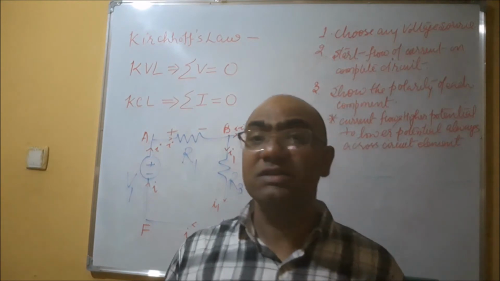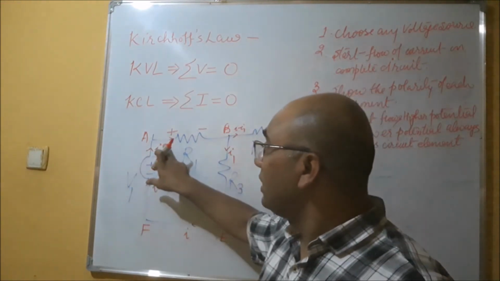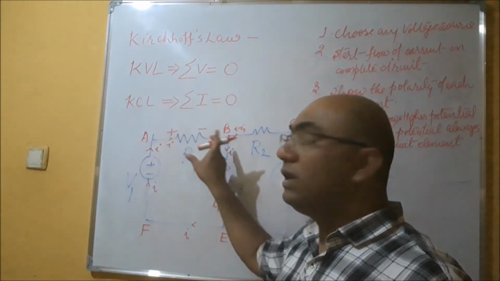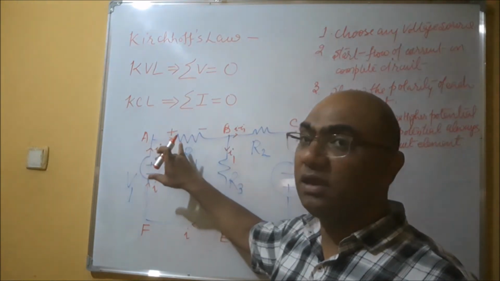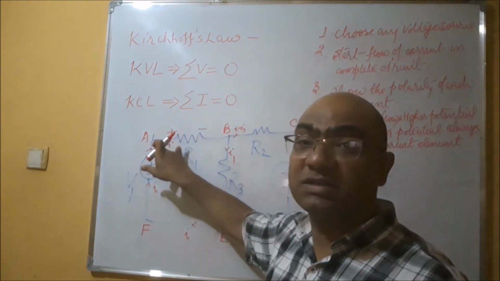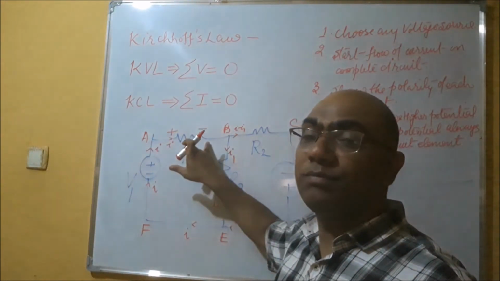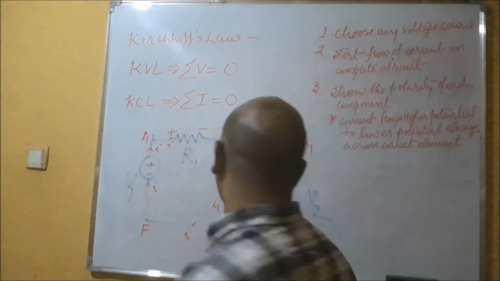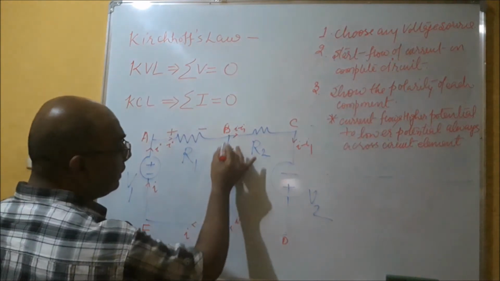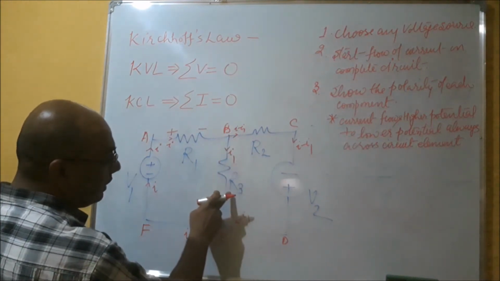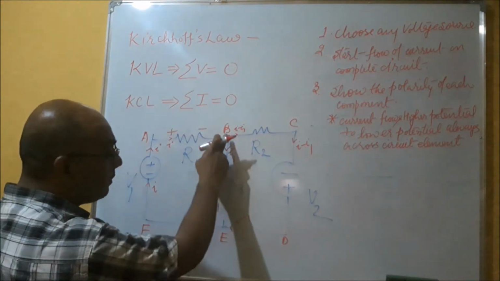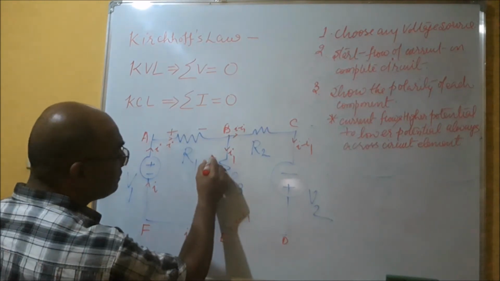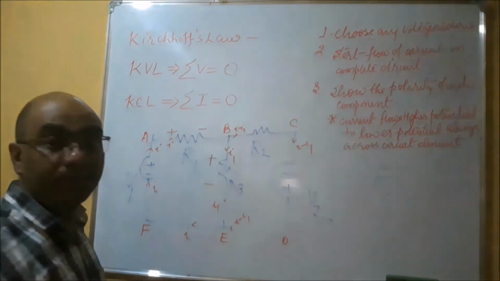And my convention is that since the current is flowing from A to B, obviously the A side of this resistance will be plus and the B side will be negative. Same concept here. If you see that the current in resistance R3 is coming downward, naturally this will be positive and this will be negative.